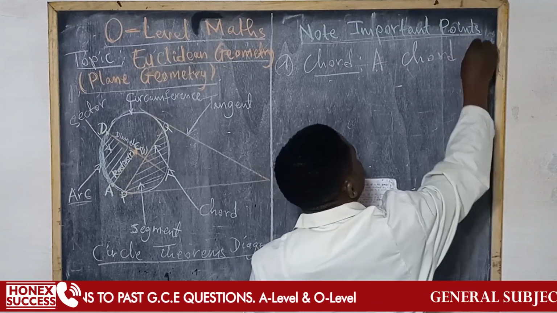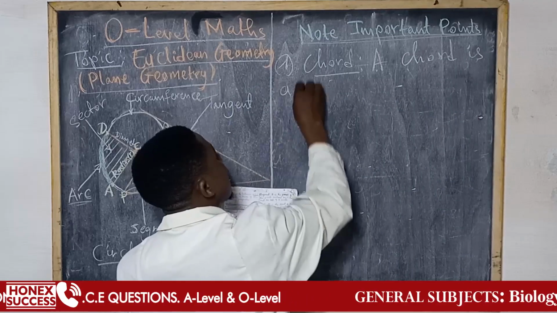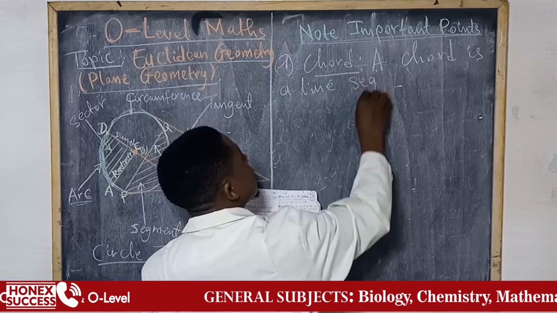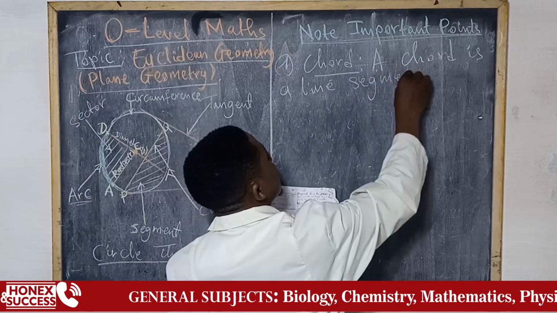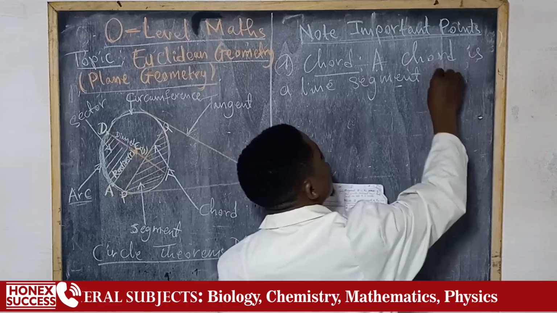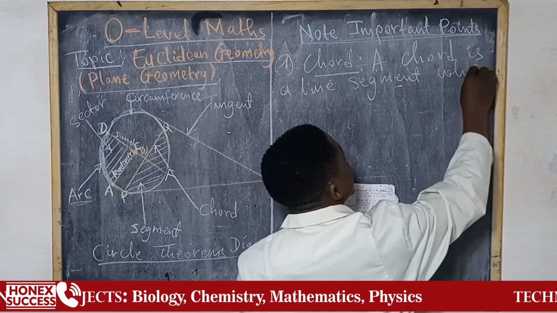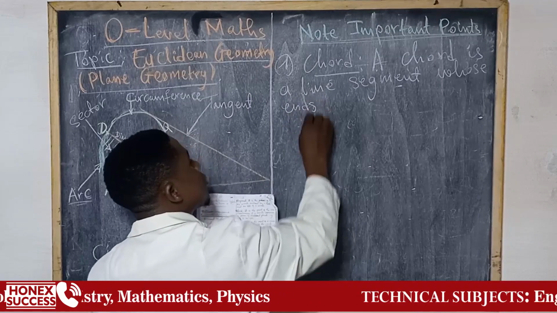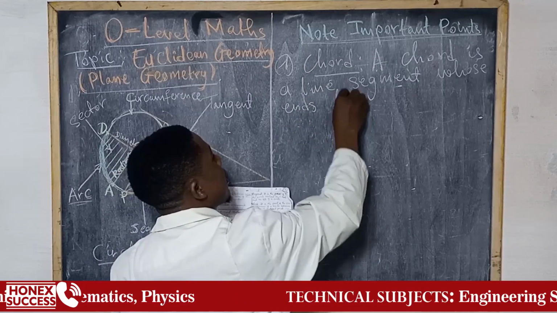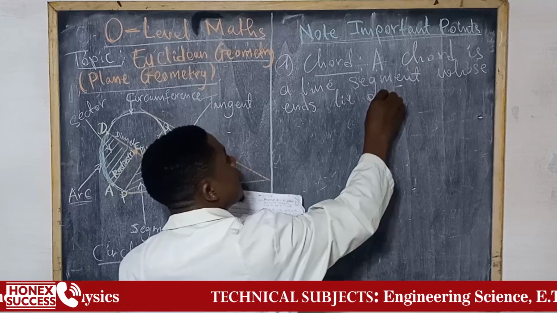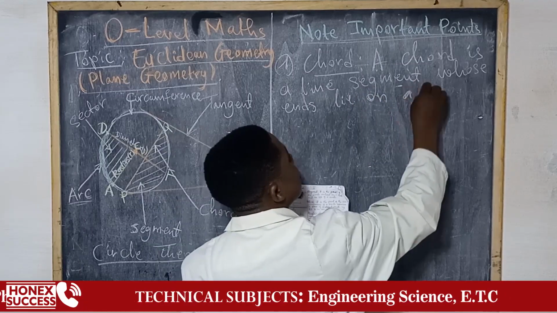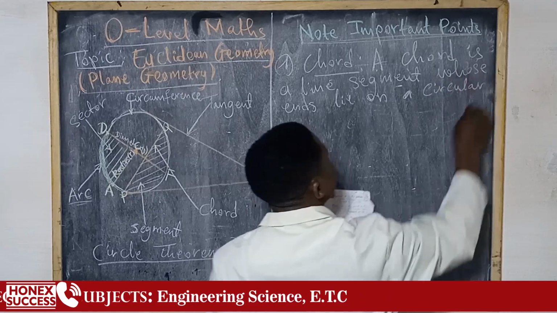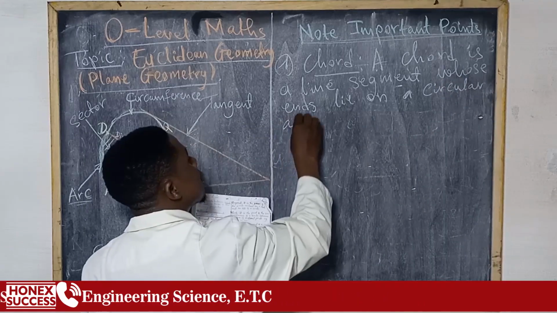So we can say a chord is a line segment whose ends lie on a circular arc.